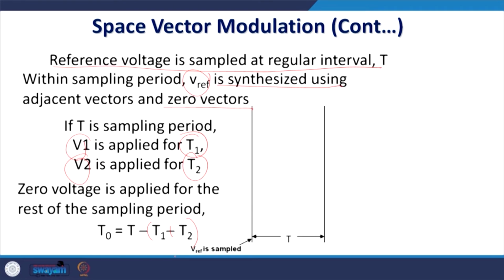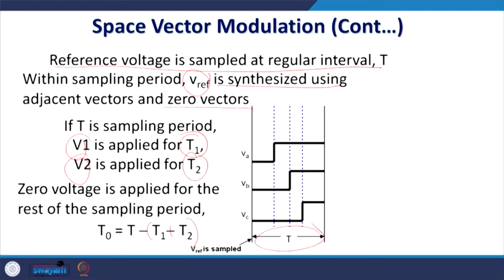So, V reference is sampled and this duration may be T. This is the scale. What happened after some interval of time? This I later mark as T0. So, S A goes high and it will continue to be high.